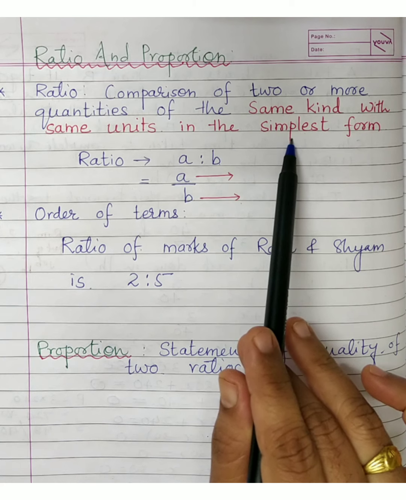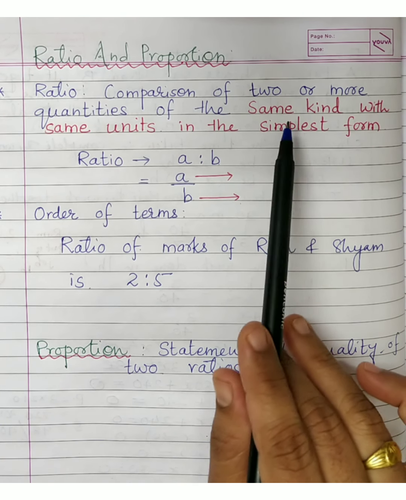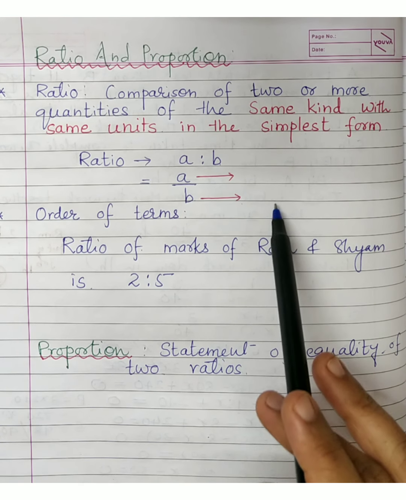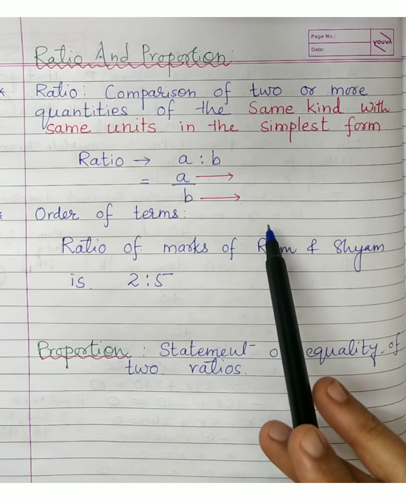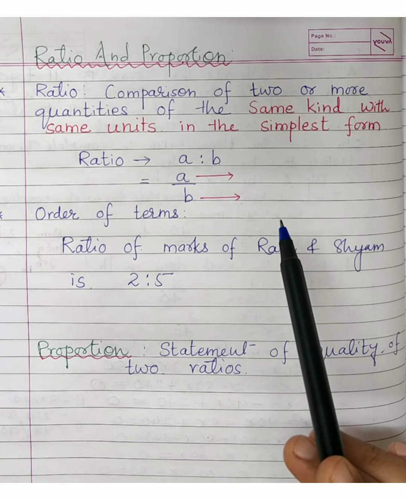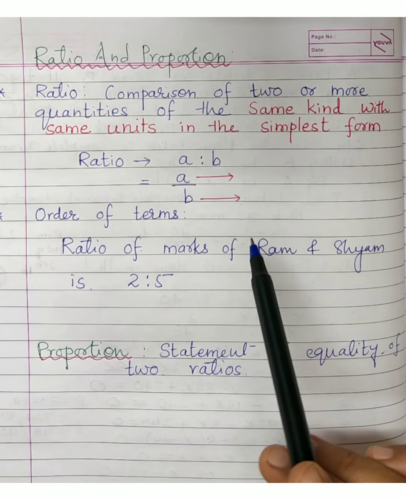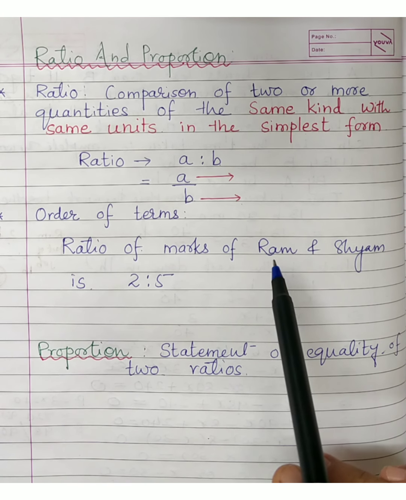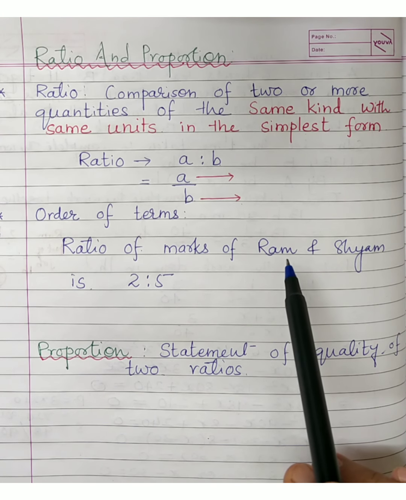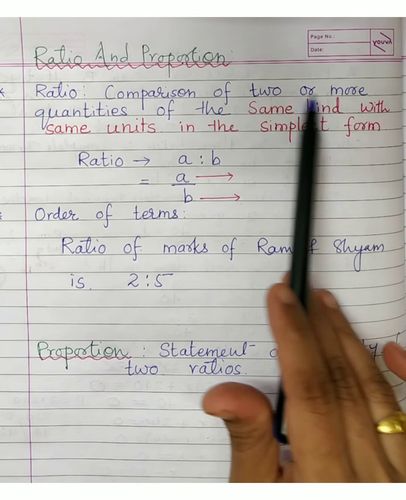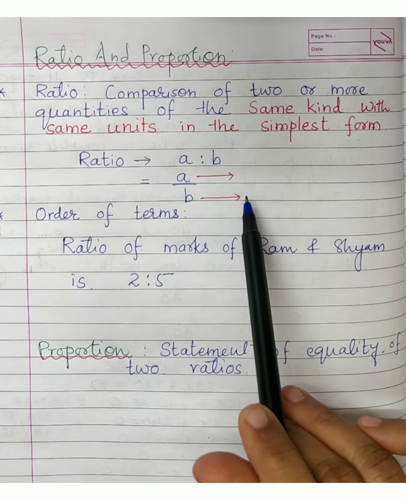For example, if we are comparing two kids, we can talk about their height, or we can talk about their marks. We cannot take one person's height and another person's marks, meaning the quantities should be of the same kind.